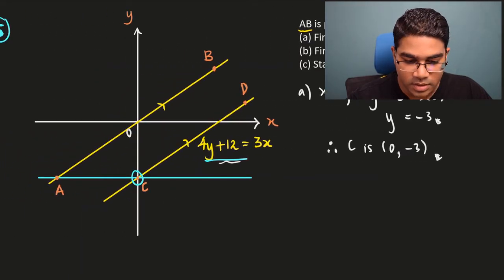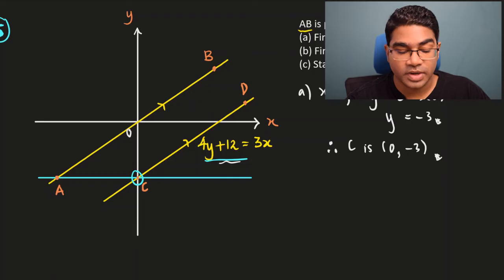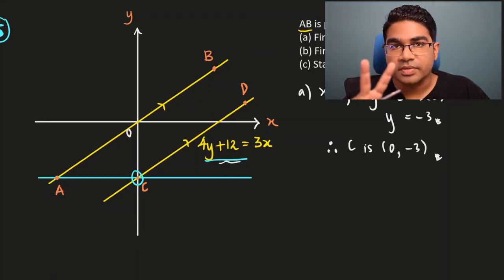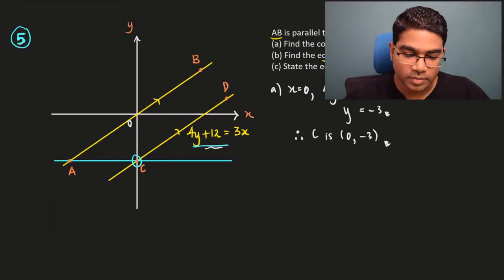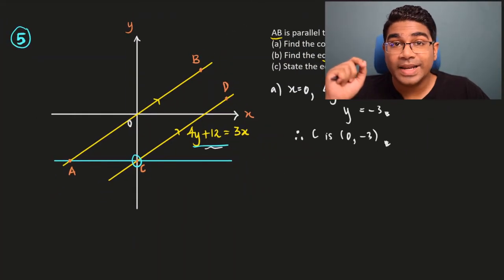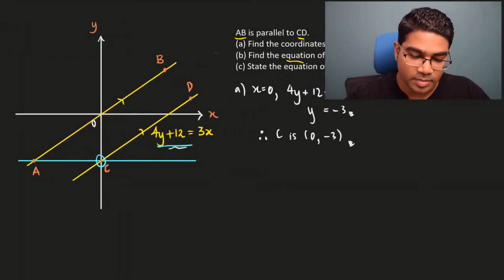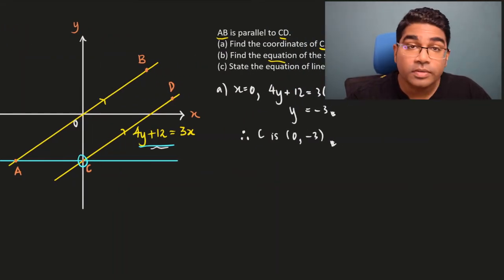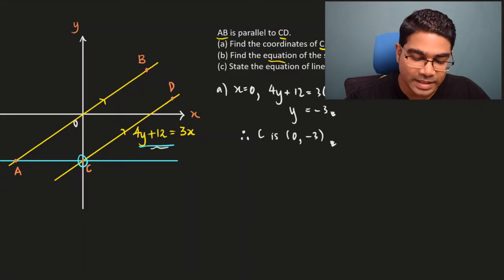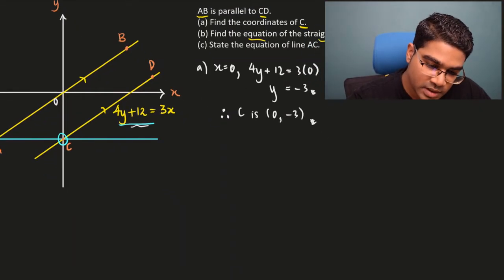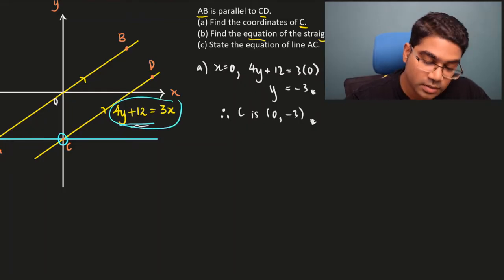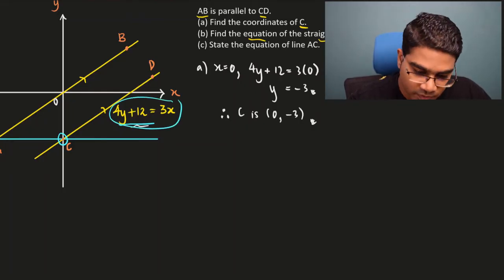So we have AB. When we want to find the equation of a straight line, we need two pieces of information. Either 2 points or 1 point and the gradient. So now we have to make use of the fact that the gradients are the same since they are parallel. So first let's look for the gradient of CD. The easiest way to do this is simply to rearrange this equation into the gradient-intercept form.